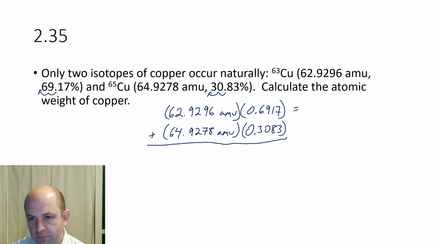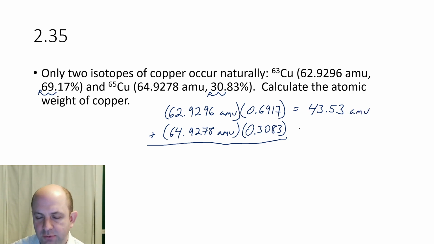So over here on the right, I'll put the answer. Calculators out. 62.9296 times 0.6917. And so this first one is 43.53, rounded, because we only have 4 sig figs for our percent. So we'll only have 4 sig figs for our total, but that's still AMU, right?